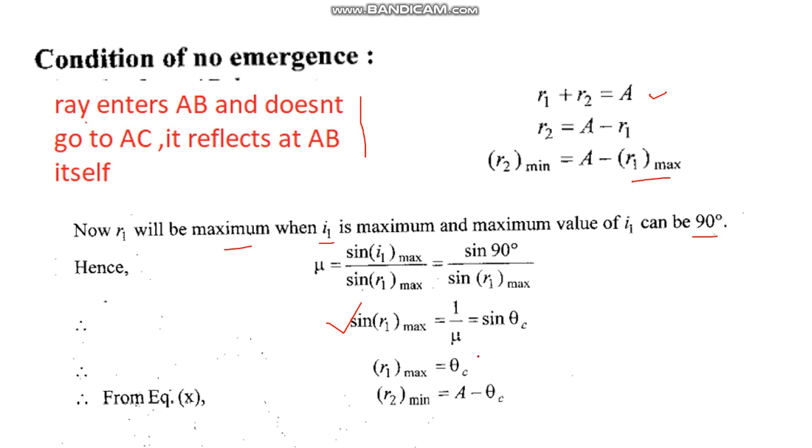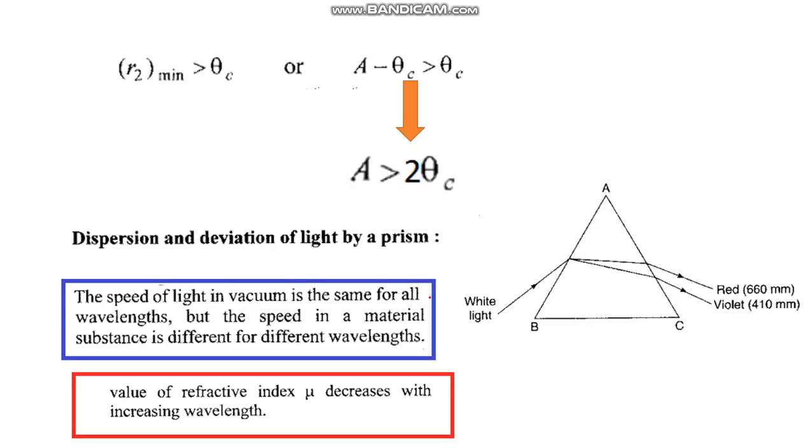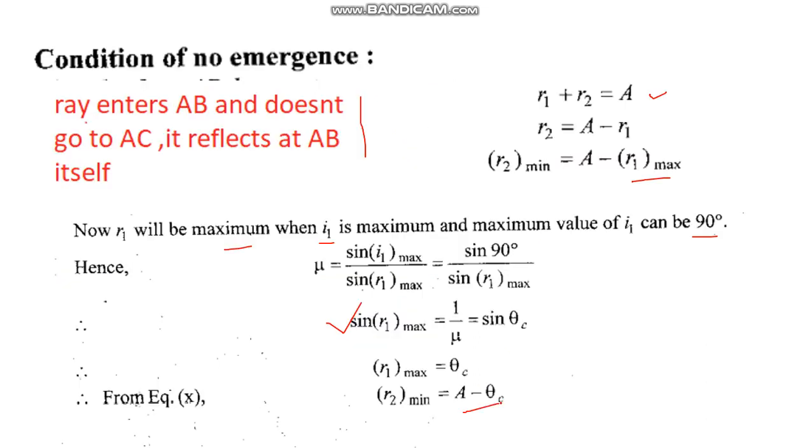So in this situation, when it becomes theta c, R2 minimum will be equal to A minus theta c. So this is the expression you are getting. Now if there is a situation where R2 minimum is more than theta c, that means this part is more than theta c. Diamond has a critical angle value, glass has a critical angle value.